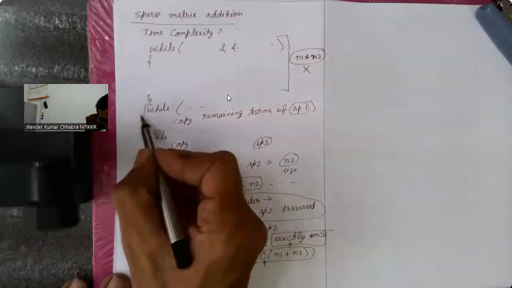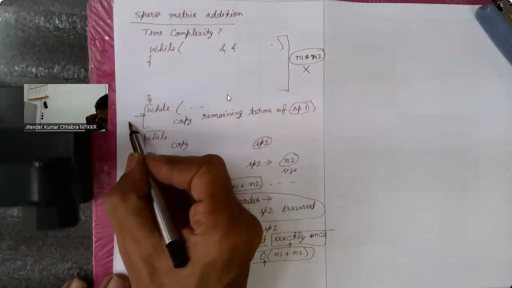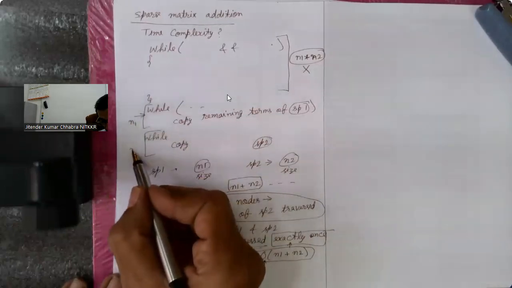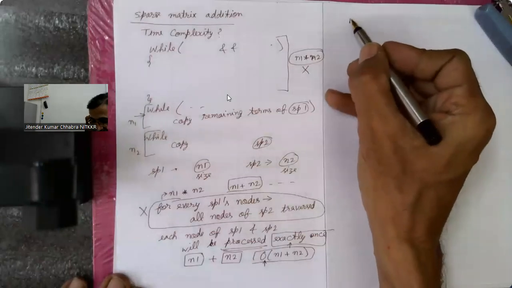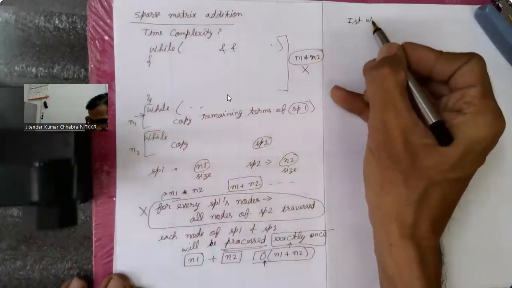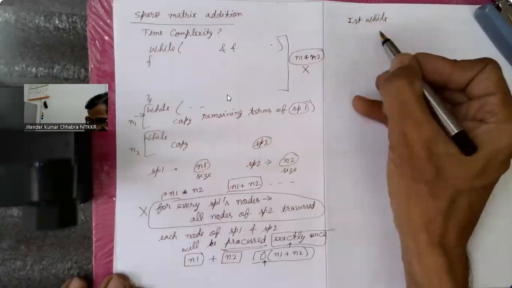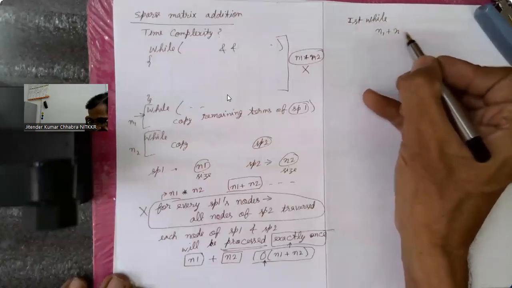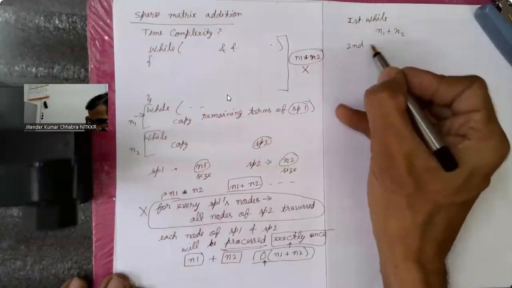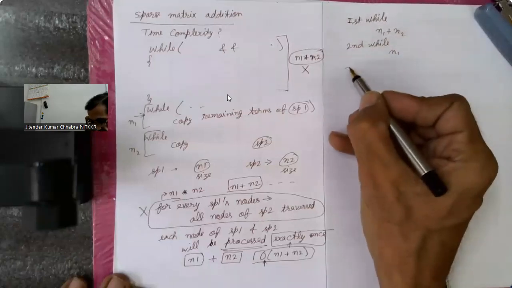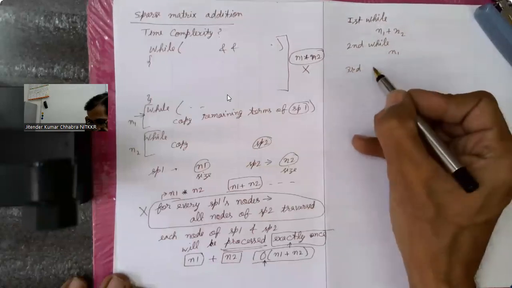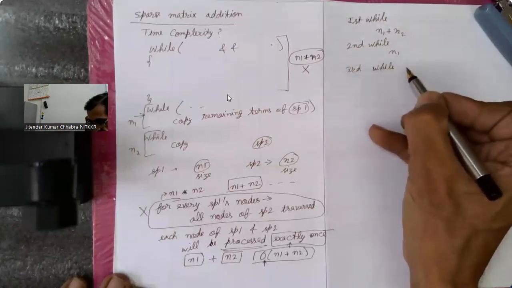You could say further that this will also probably execute N1 times, and this will execute N2 times. So you might say my first while loop executes N1 plus N2 times. Then the second while executes again N1 times. Then the third while executes N2 times.